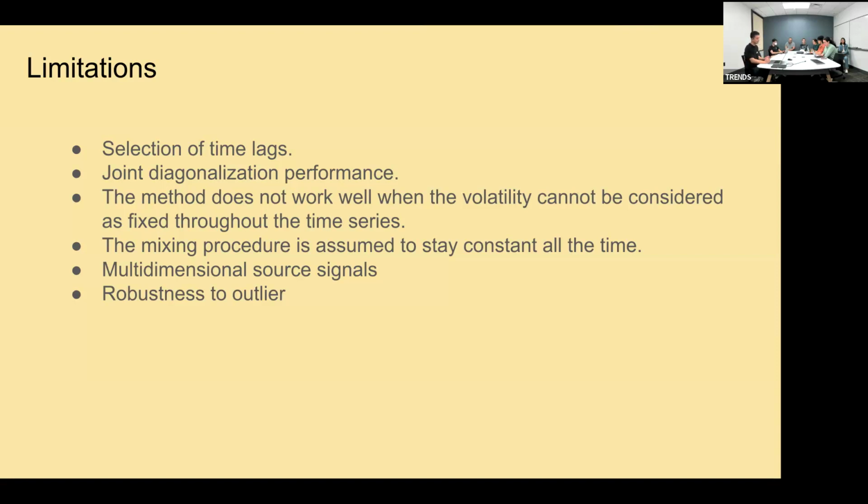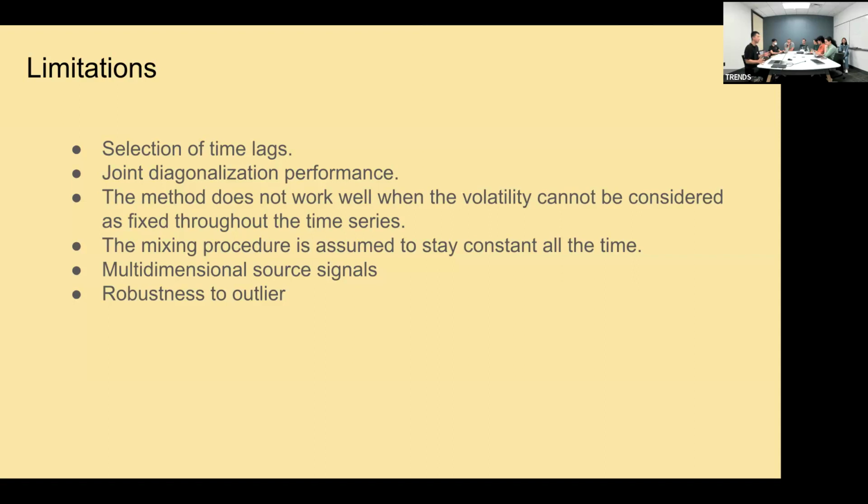So selecting time lags is a very important part. And joint diagonalization performance: generally we cannot fully diagonalize all the matrices, because theoretically they cannot be diagonal at the same time. So the performance is a real problem.